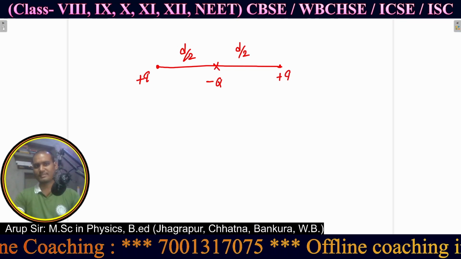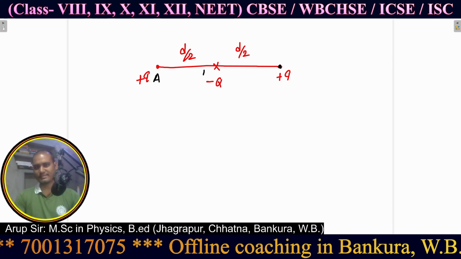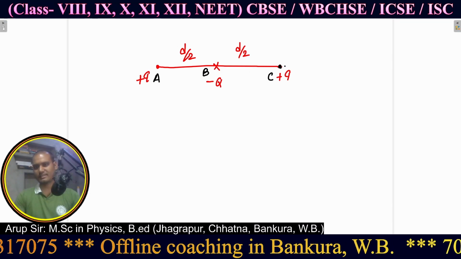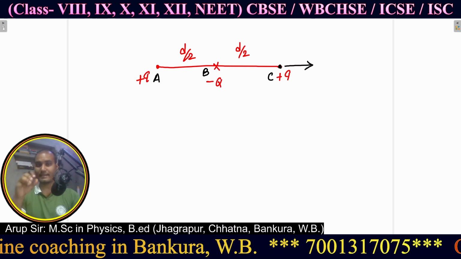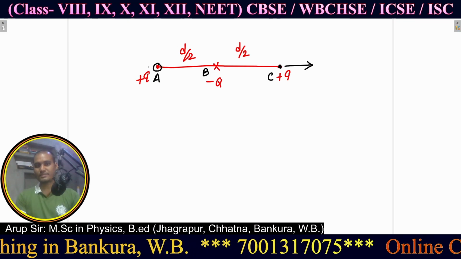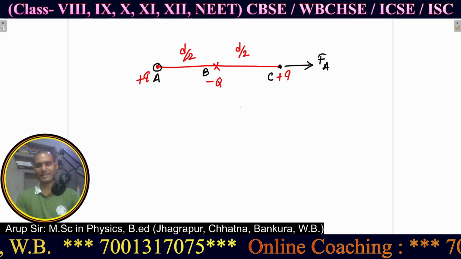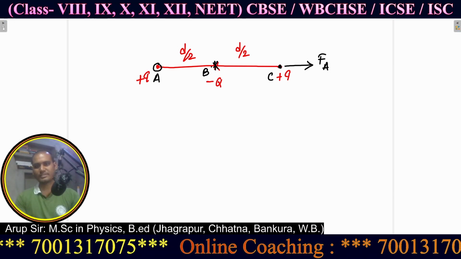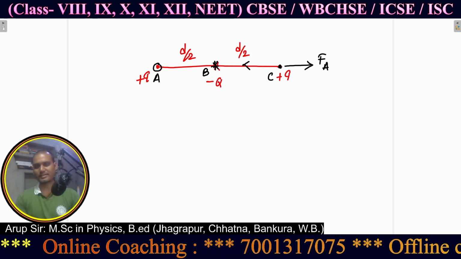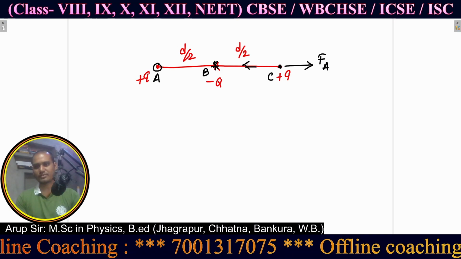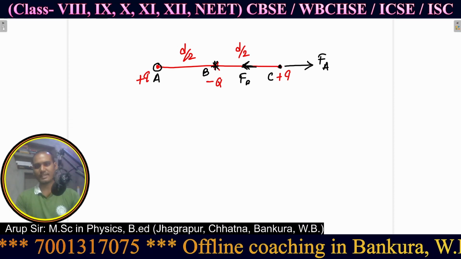Now since we are getting the equilibrium, if I name it as A, B, C, then let us consider this is the force on the plus q charge given by the other plus q charge which is placed on point A, right? On point A. So it is named FA. Now the B point, the minus Q charge, is attracting this plus q charge which is placed on point C. So it is FB.